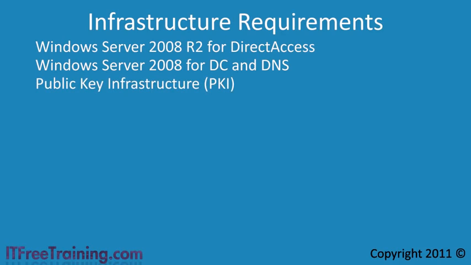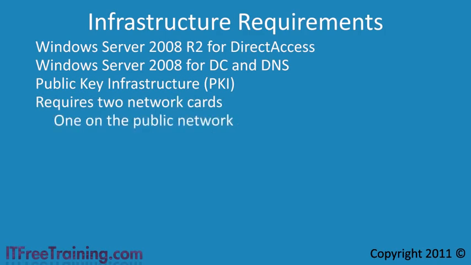If you have all this on your network, then you're also going to need to install a second network card on the server on which you want to run DirectAccess. One network card is used to access the public network, while the other network card is used to access the corporate network. As you can see, there is a lot of infrastructure required to run DirectAccess.